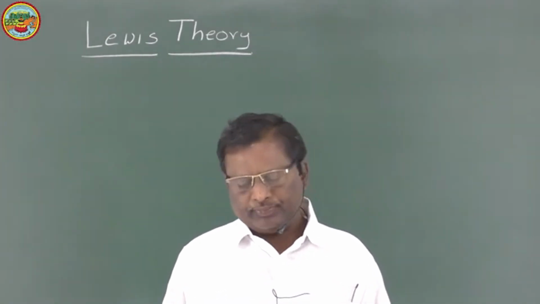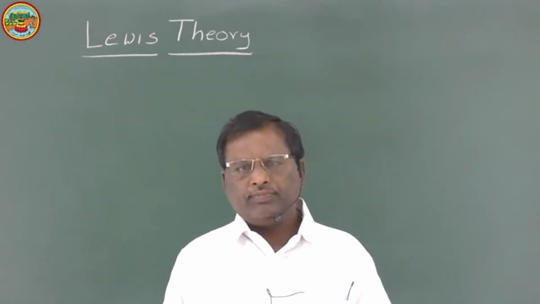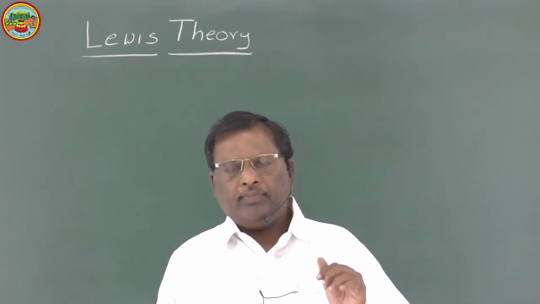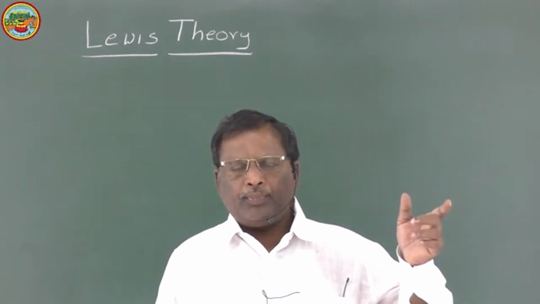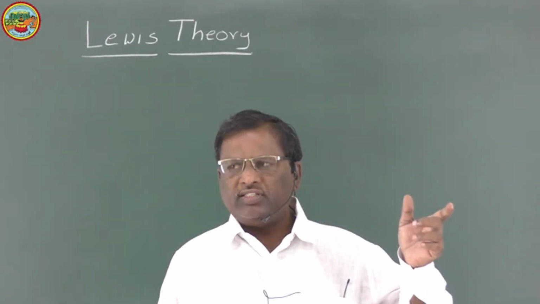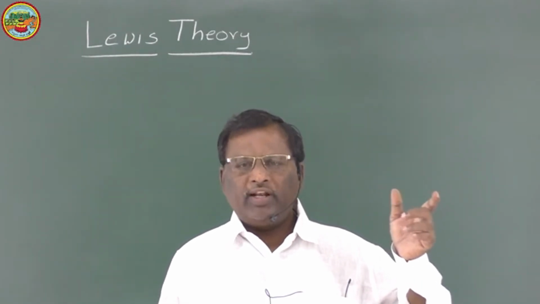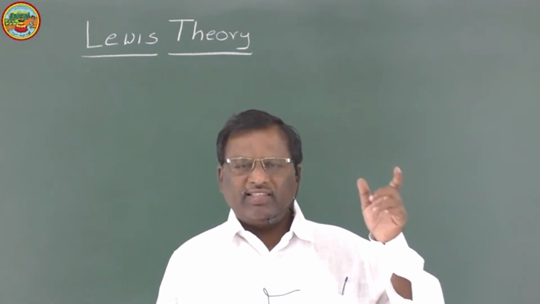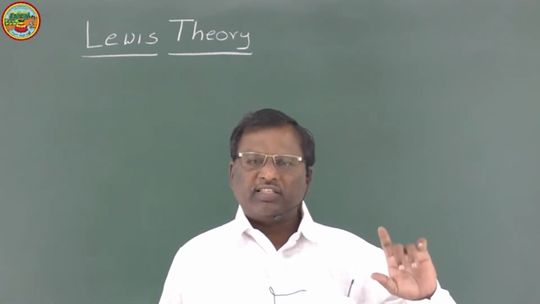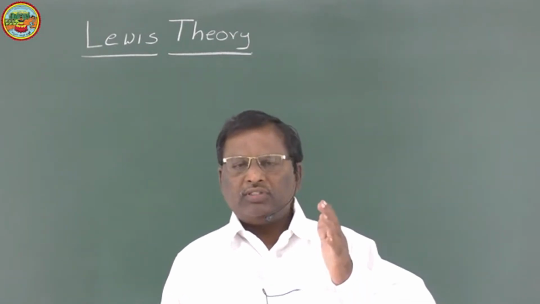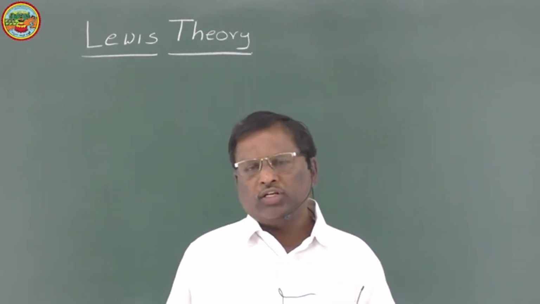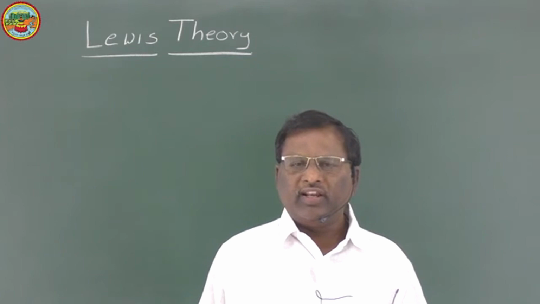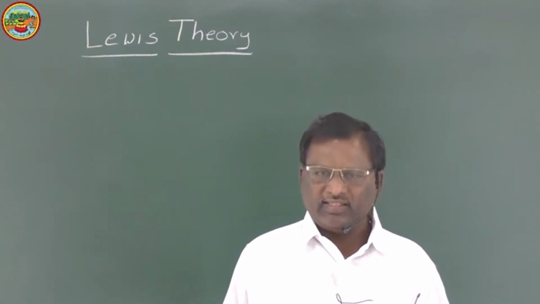According to Lewis theory, any species which can donate a pair of electrons to another species to form a covalent coordinate bond is considered a base, and the species which can accept a pair of electrons to form a covalent coordinate bond is considered an acid.